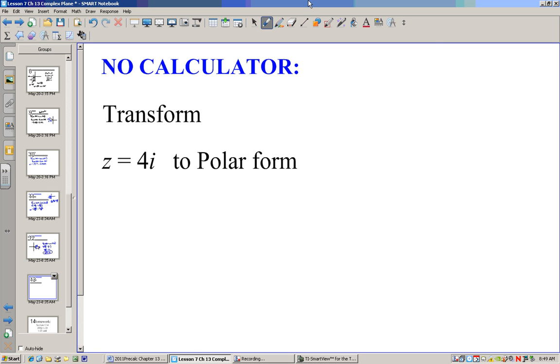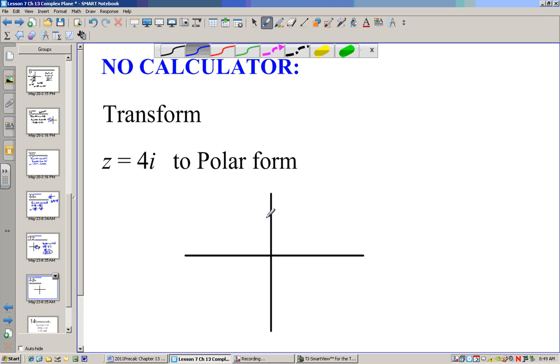All right, now for i, some people get confused with this when you shouldn't be. 4i is just up this distance, 4.